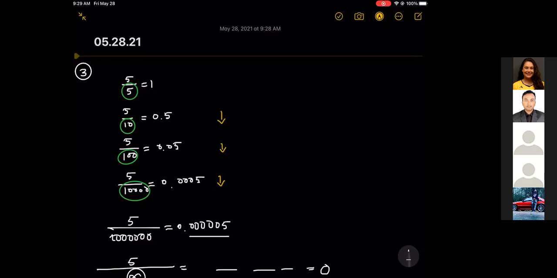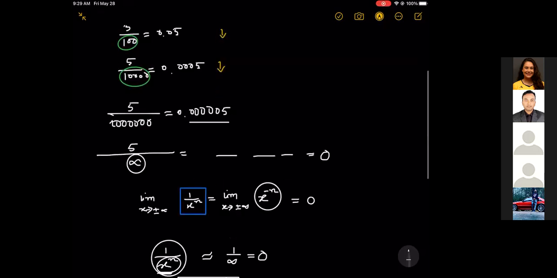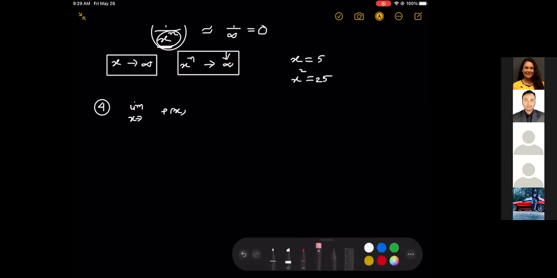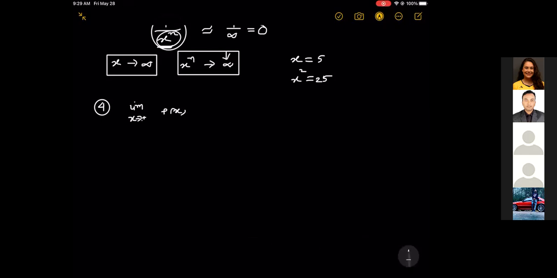Number 4. It says limit x tends to positive or negative infinity. I think I should have positive or negative here because it's true for either of those infinities. Okay, so if you have a polynomial, this p of x signifies a polynomial.